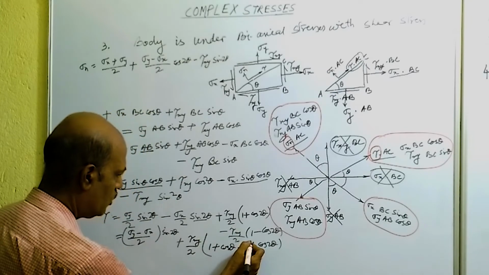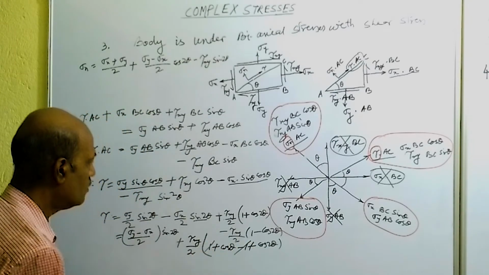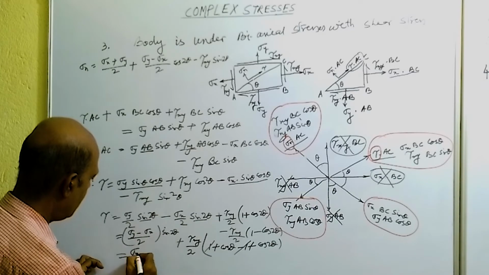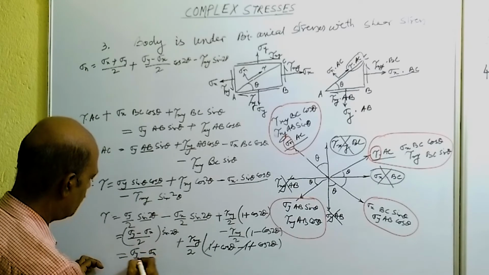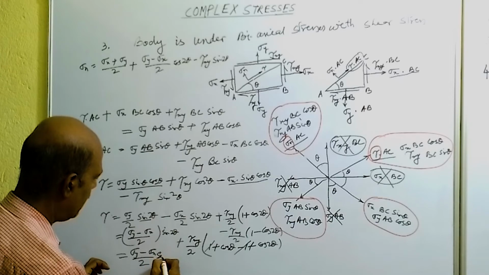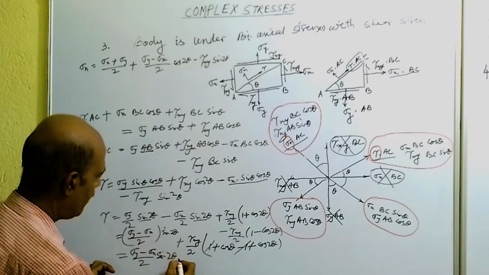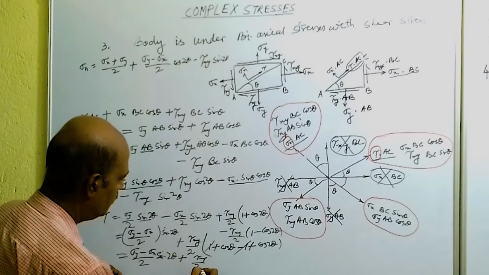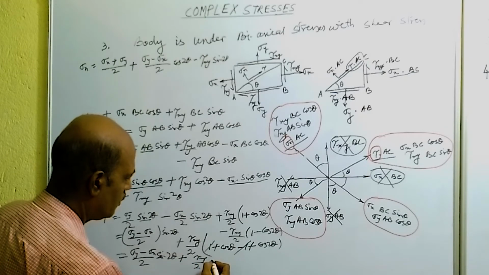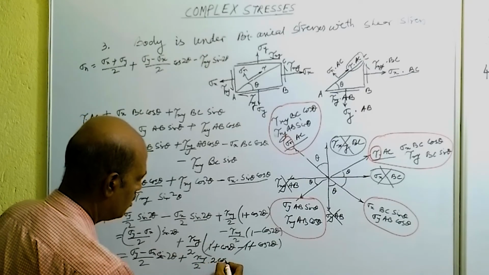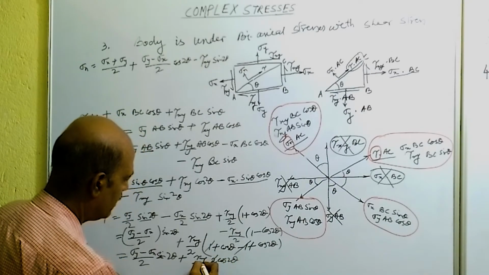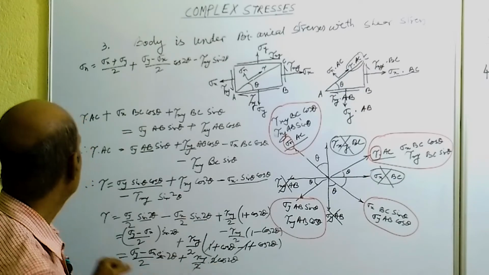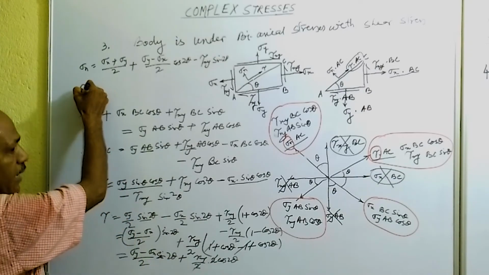So the 1 will cancel out and it will give sigma y minus sigma x by 2 sin 2 theta plus tau xy by 2 into 2 cos 2 theta. The 2 will cancel out, so tau xy cos 2 theta.